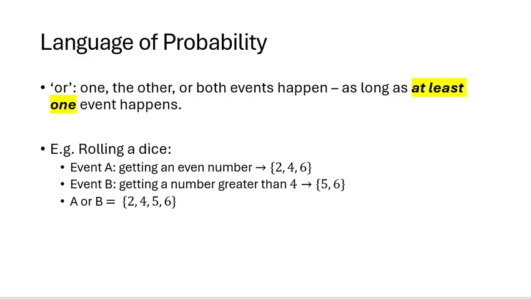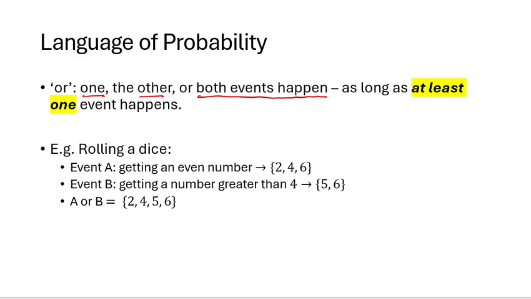Now, the word or, it's a bit weird. We're going to call one event A, and a second one B. So it could be A or B. It doesn't really matter. The simple definition is this: it could be one event, it could be the other one, or it could be both events happening at the same time.